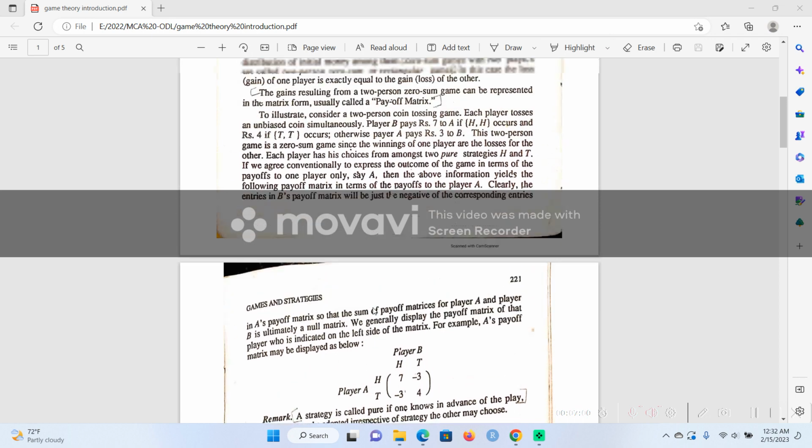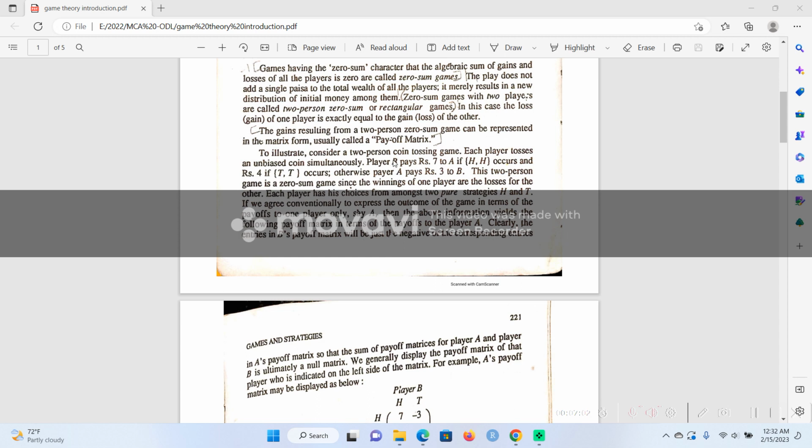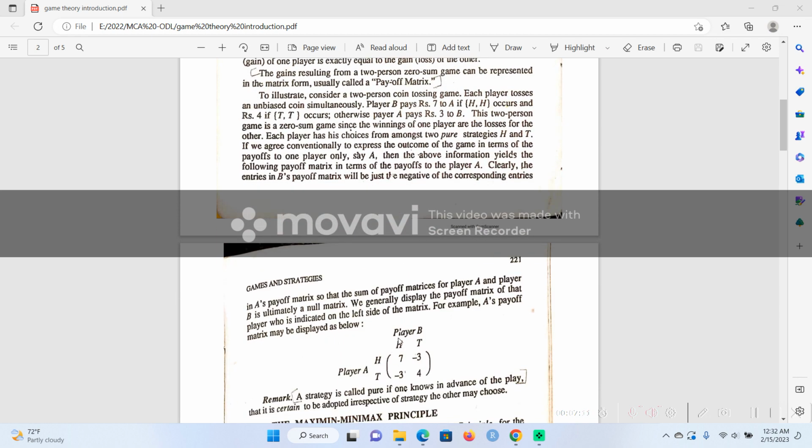Previously we defined that player B will pay rupees 7 to player A if head appears. This matrix is known as a payoff matrix. It is usually considered for player A, so this is the payoff matrix for player A.